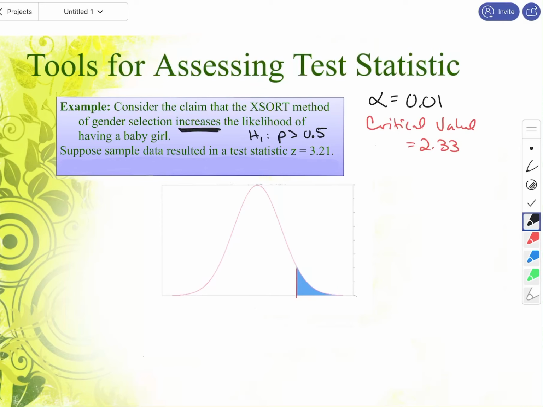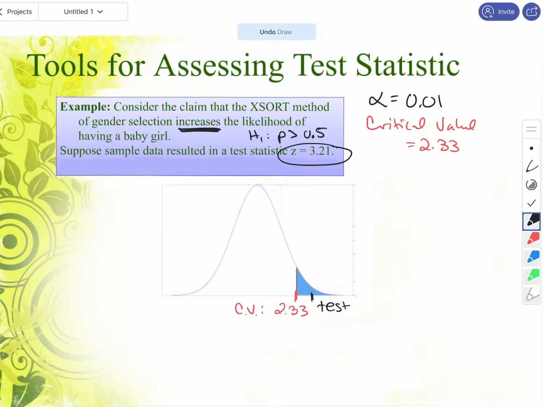So here's what that would mean. If we had plotted our 2.33 critical value, which I'll call CV for short, right here, notice that our test statistic, z equals 3.21, is larger than 2.33.